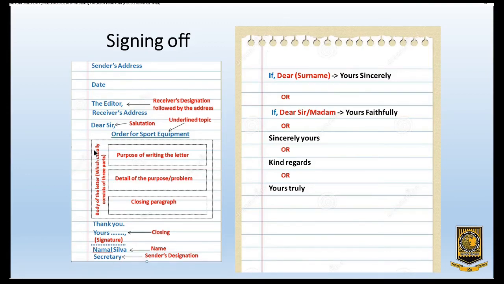So when the person reads the whole letter, at the end he knows who has sent it. The value of the letter he can judge by the designation. Okay, I hope you got a good idea about this format of the letter.